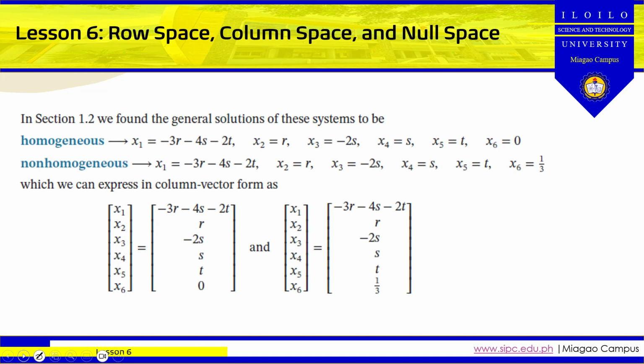And for the non-homogeneous system, we have x sub 1 equal to negative 3r minus 4s minus 2t.